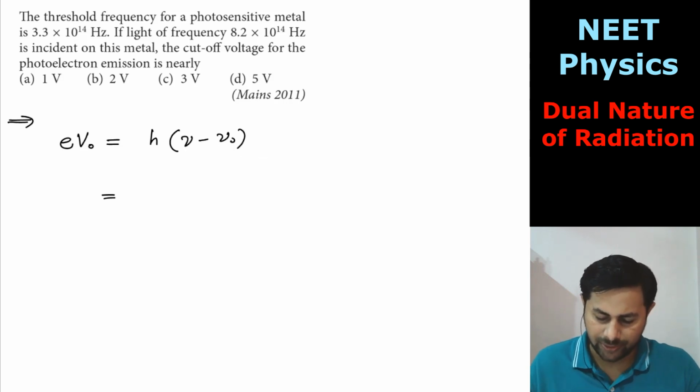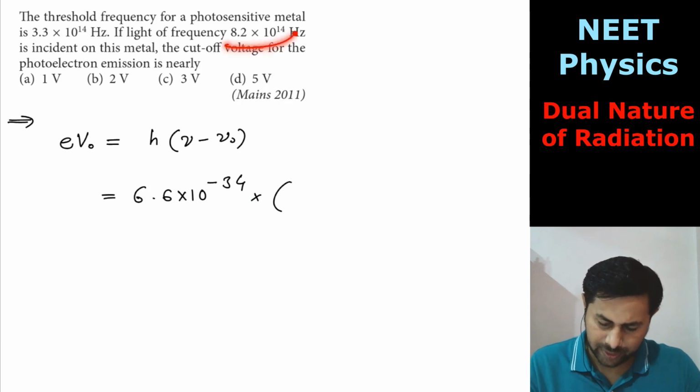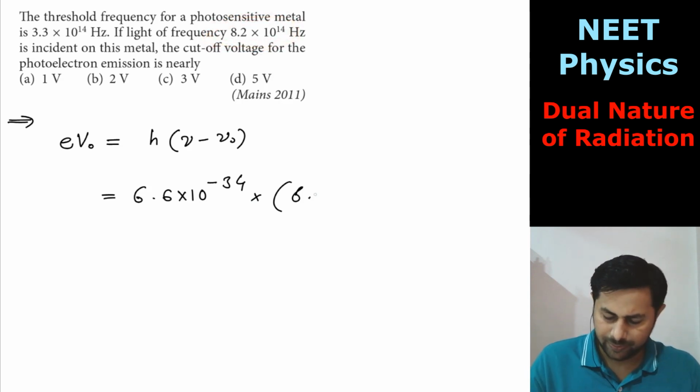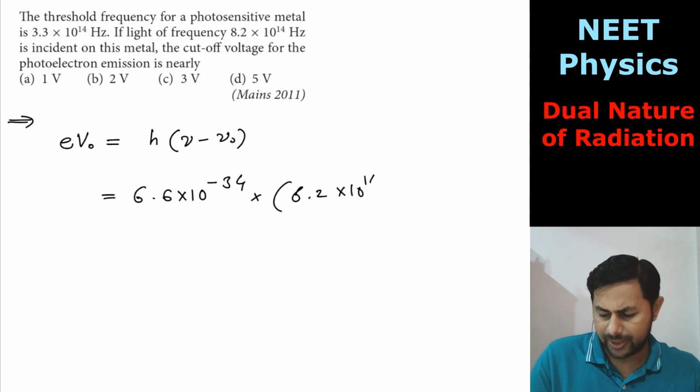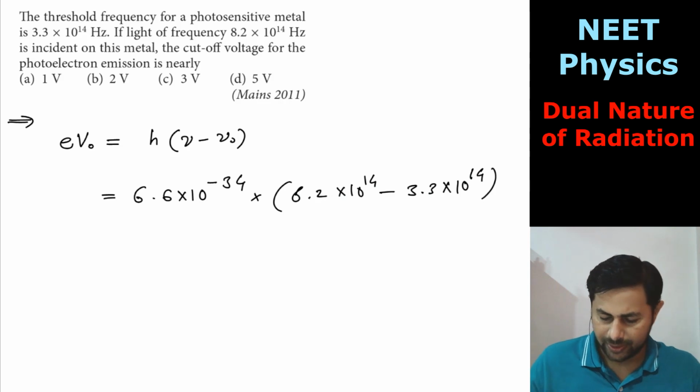Just substitute values. So this is 6.6 multiplied by 10 raised to minus 34 multiplied by 8.2 multiplied by 10 raised to 14 minus 3.3 into 10 raised to 14, and this is E times V naught.